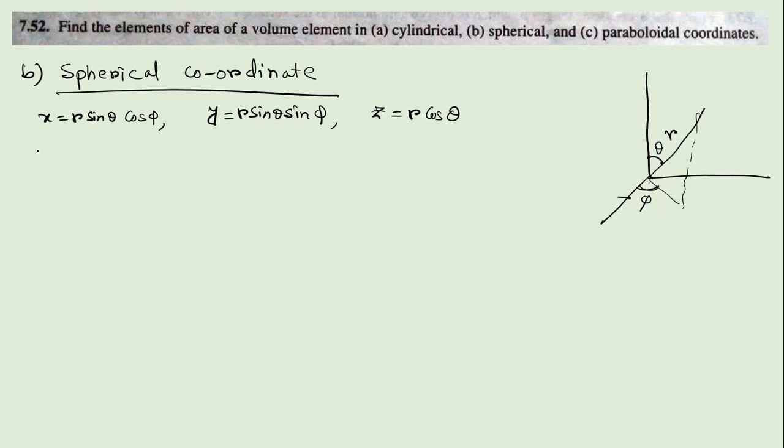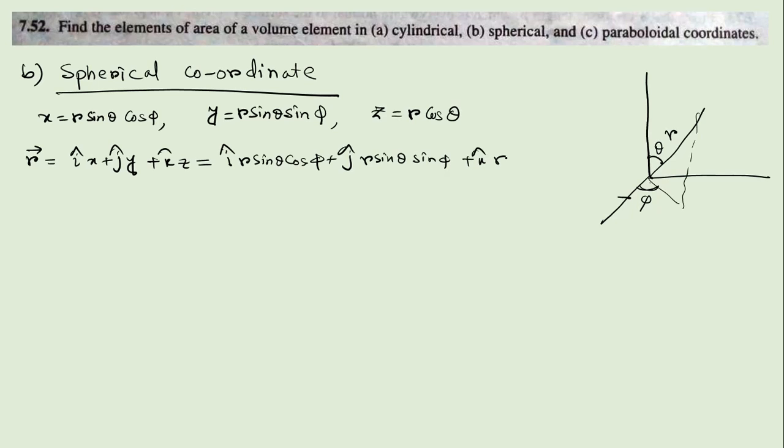Okay. So the position vector r vector is i cap x plus j cap y plus k cap z. Just putting the values of x, y, z, you will get i cap r sin theta cos phi plus j cap r sin theta sin phi plus k cap r cos theta.